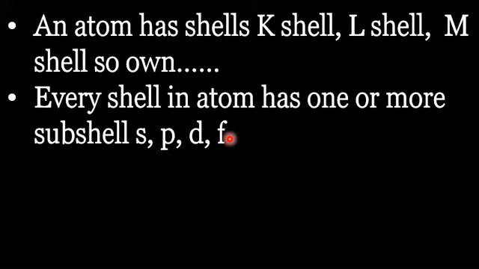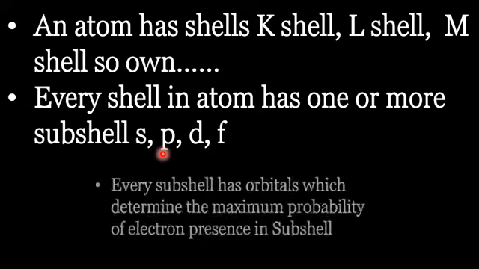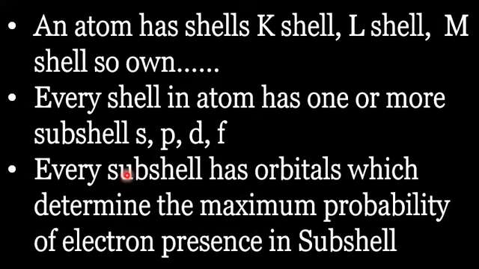So electrons are distributed in the subshells of a shell, and the expected position of an electron in a subshell is determined by the orbital. Every subshell in an atom has orbitals which determine the maximum probability of an electron being present in a subshell.